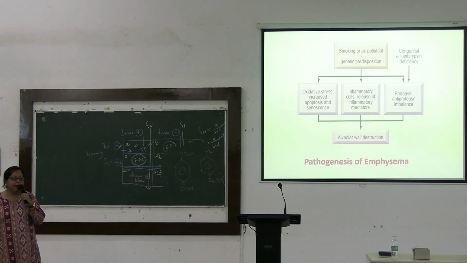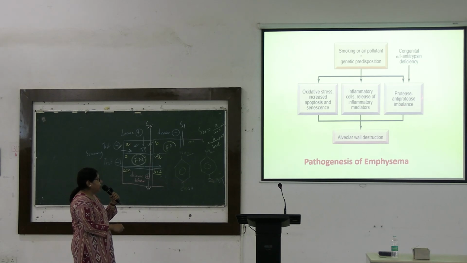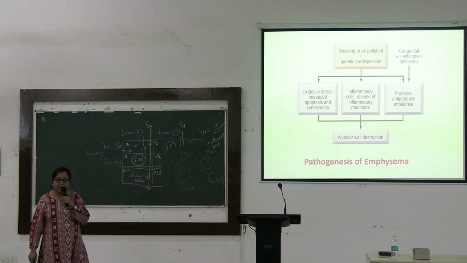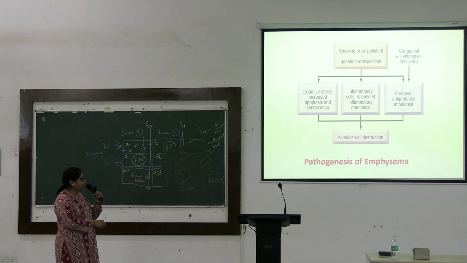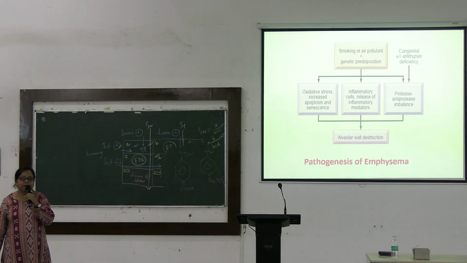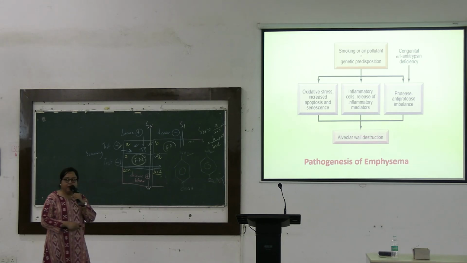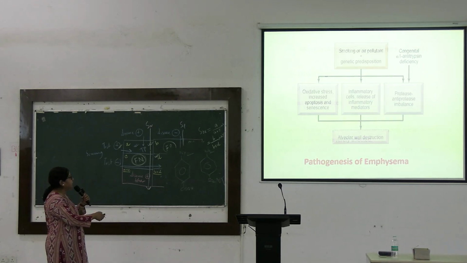So there will be inflammatory changes in the lung parenchyma and protease-antiprotease imbalance. Ultimately all this will lead to alveolar wall destruction, which is the chief component of emphysema.